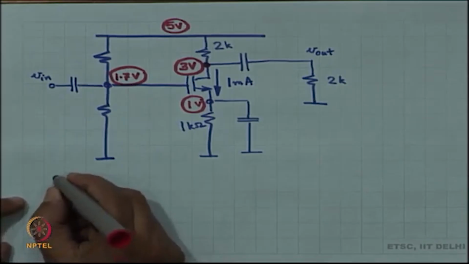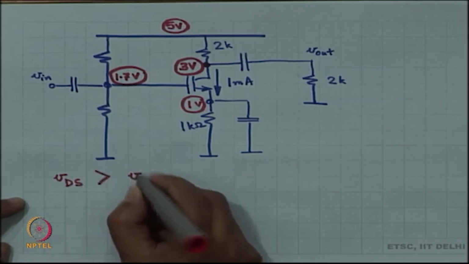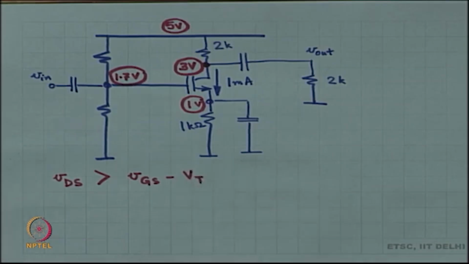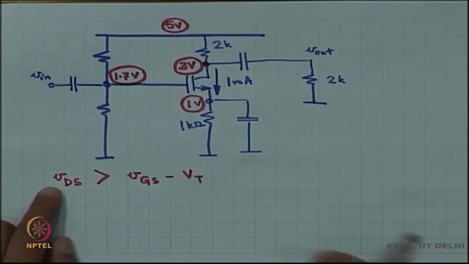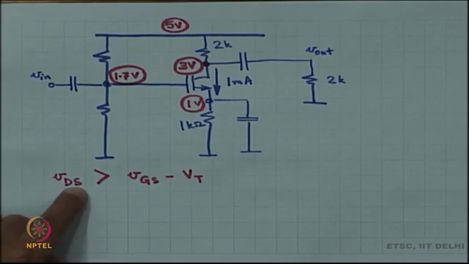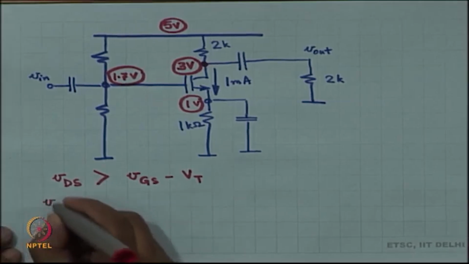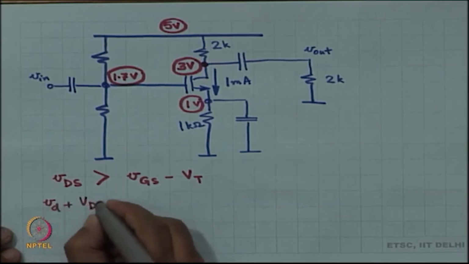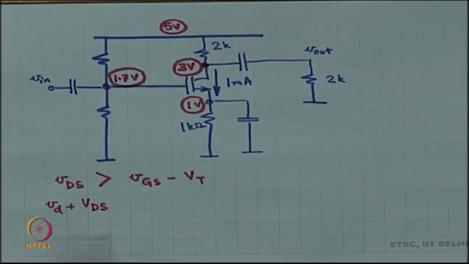Now, once again VDS has to be more than VGS minus VT at all times. VDS is comprised of drain voltage and source voltage. Source voltage is fixed at 1 volt. VDS is 2 volt in this case.